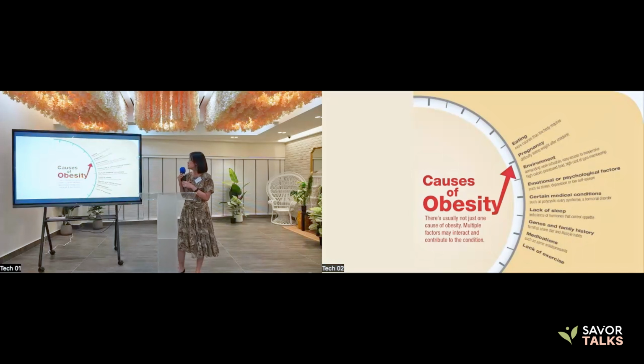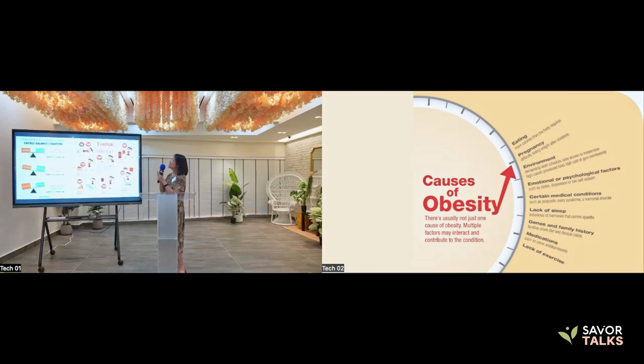Basically, they say a disease runs in the family, but maybe it's because no one runs in the family. So basically it's lifestyle. Everyone doesn't run, then the problem becomes more fat. Then everyone likes to eat fatty food, then you become more fat as well. Okay, and some medication as well, and lack of exercise.